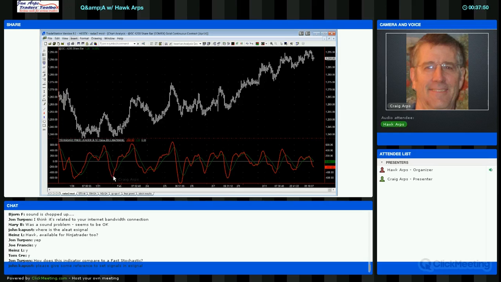So for instance, here when we see these divergences in Radar 1, this low down here, I would wait for Radar 2 to confirm my entry. And we call this tool the Price Leader because sometimes these confirmations come even before the price starts to move. You can see in this case, our entry could have been as early as that bar right there.